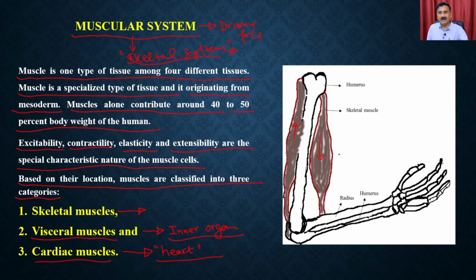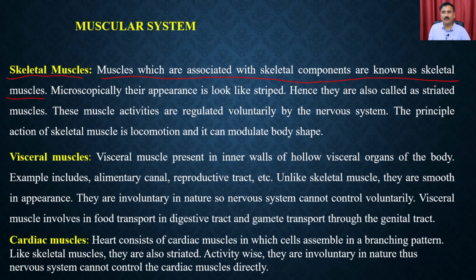So the skeletal muscles are always associated with the skeleton of the body, right. Microscopically their appearance looks striped, so they have fiber-like appearances. Hence, they are also called striated muscles.